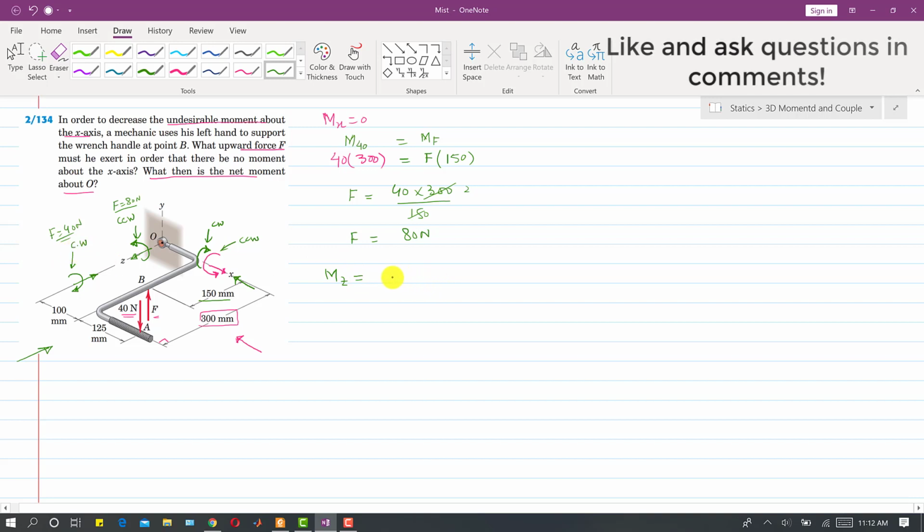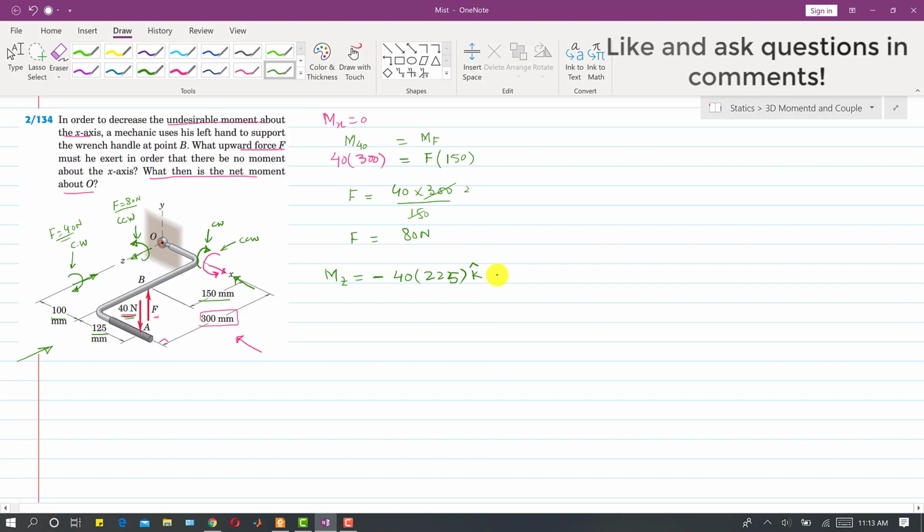So I will write that the moment about Z axis is equal to, first this moment. Since it is clockwise and in the negative Z, first I will put a minus sign, and this will be 40 into the perpendicular distance. The perpendicular distance between this 40 and the Z axis is 125 plus 100, so this will be 225, and I will write K, since the moment is about the Z axis.